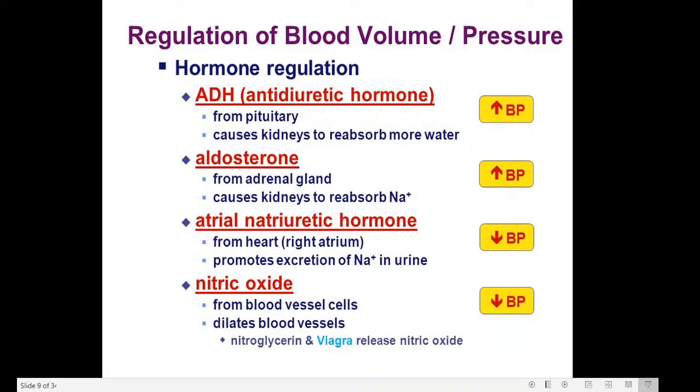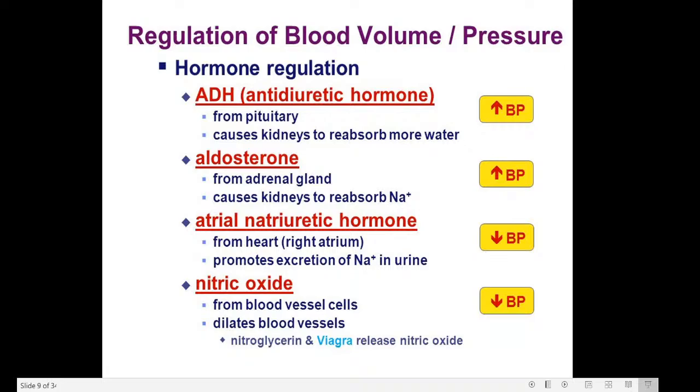Nitric oxide is produced from blood vessel cells. It dilates the blood vessels. We need to dilate the blood vessels so there is free movement of blood. It's helpful for free transport, that is a relaxed feeling.